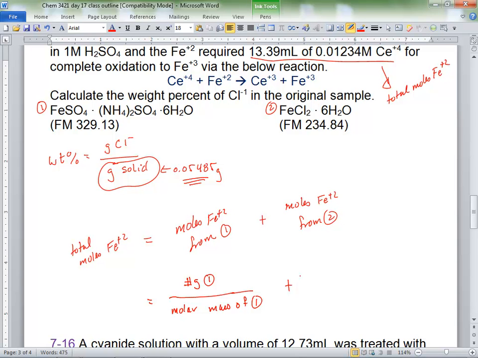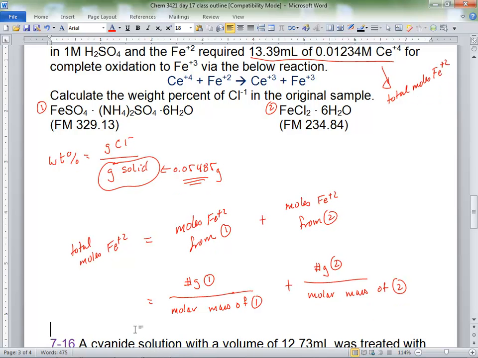The moles of Fe plus 2, if you knew the number of grams of the stuff, wouldn't you just divide it by the molar mass and you'd get that, right? That's how we get moles. You divide the number of grams of stuff by the molar mass. Do the same for this one. This would be the number of grams of compound 2 divided by the molar mass of compound 2. Okay?